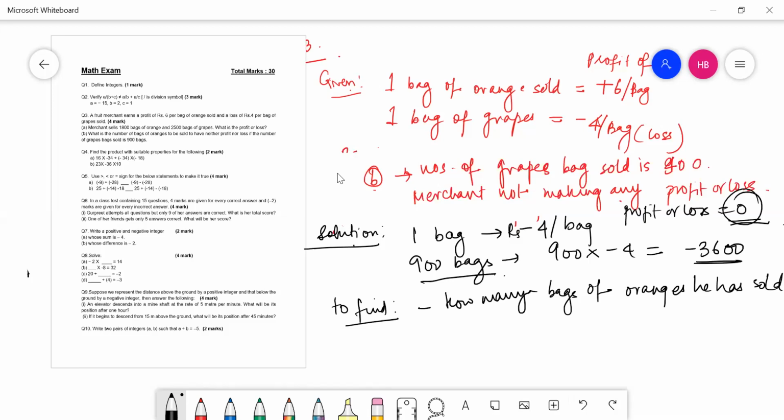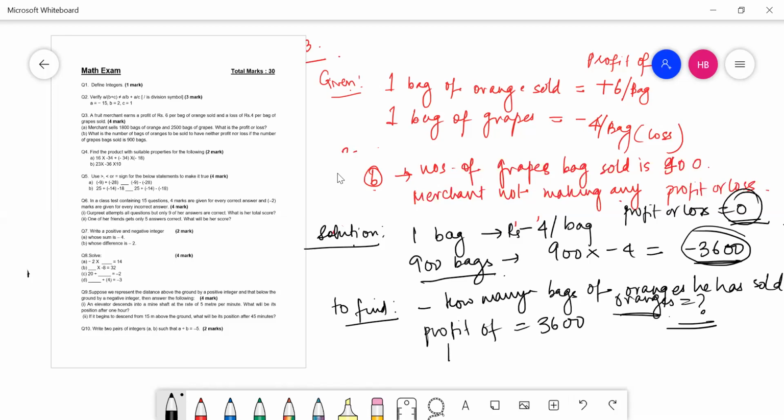He has already made minus 3600 of loss by selling 900 bags of grapes. Now they are asking me how many orange bags I have sold. So for us to get the profit of 3600, how many bags of oranges will I sell?